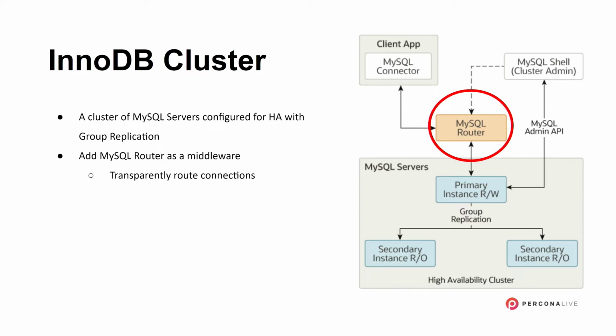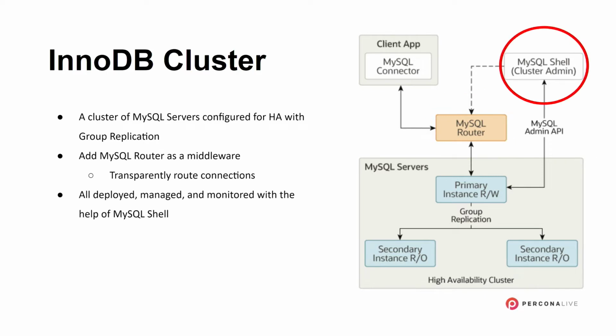It becomes transparent for your application, as you just connect to the MySQL Router, and it will take care of getting you where you want. And that is all deployed, managed, and monitored with the help of the MySQL Shell.